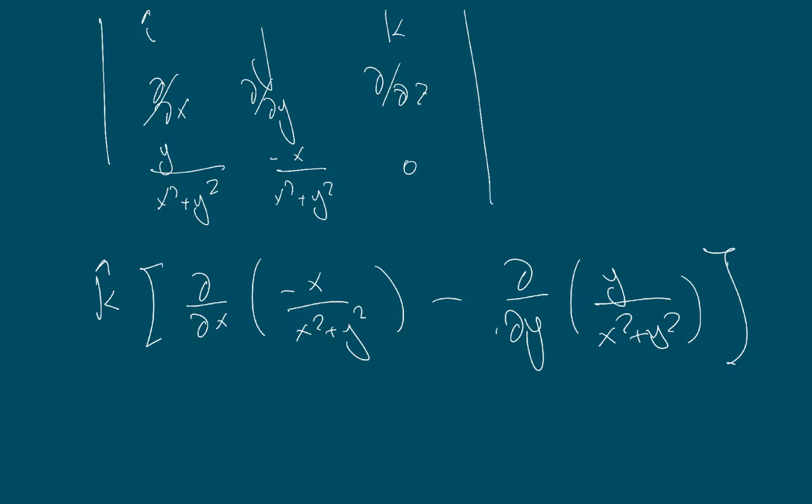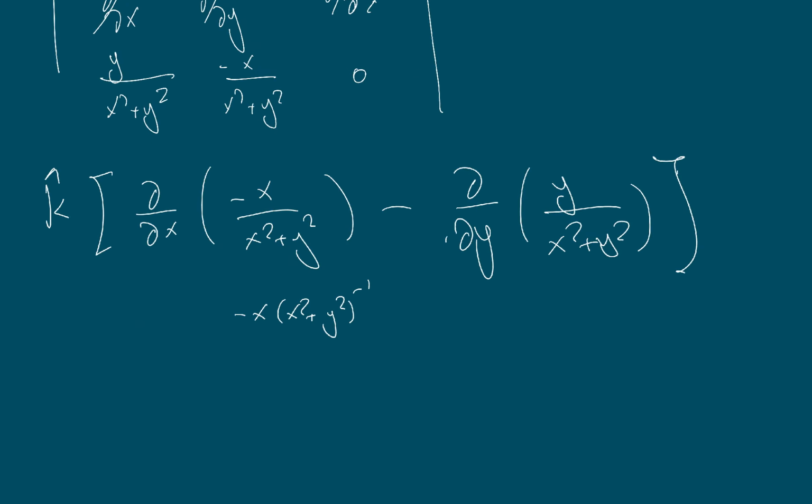So what is the partial with respect to x? This is minus x multiplied by x squared plus y squared to the power minus 1. The derivative is the derivative of the first times the second, plus the first times the derivative of the second, which gives x squared plus y squared to the power minus 2.